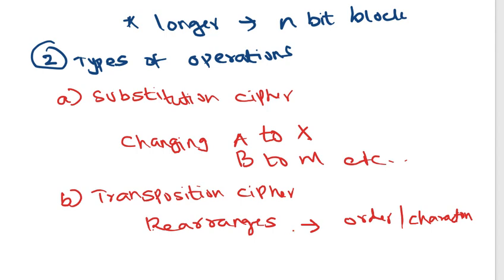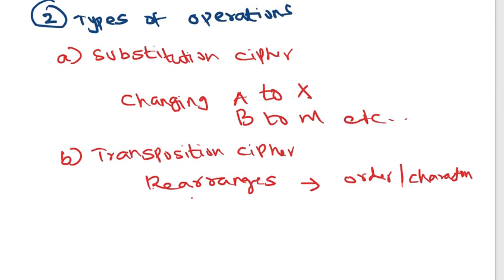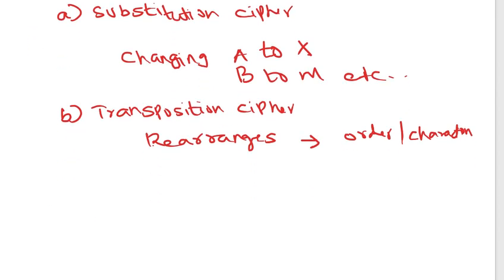So this is less secure. Comparing the substitution cipher and the transposition cipher, the substitution cipher is more secure because it's hard to guess the original data.